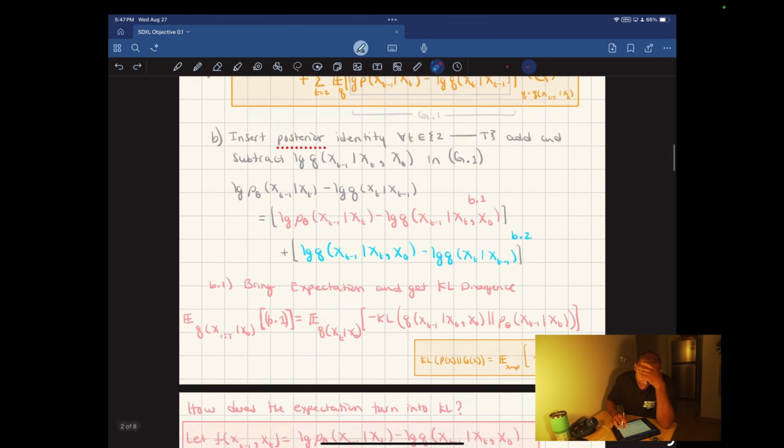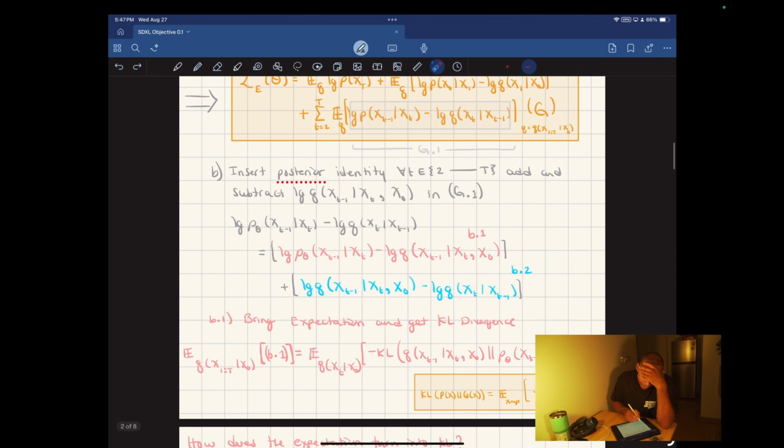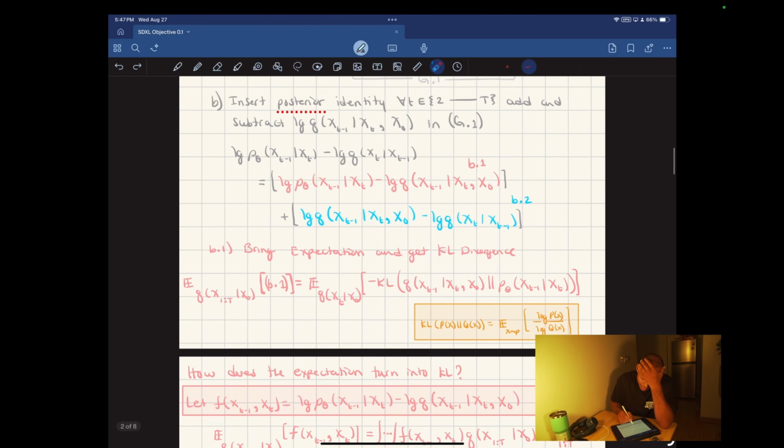Now, what I'm going to do to the salmon colored one is show, if I were to take this expectation right here, because expectations are linear functions, what does this whole thing turn into? I'm going to show you right now that it turns into this, right?